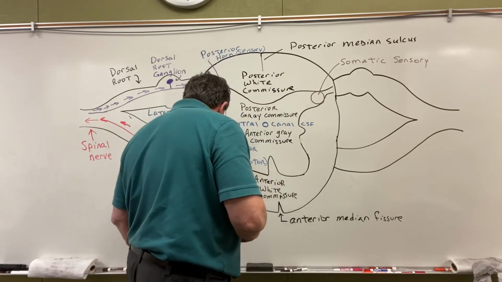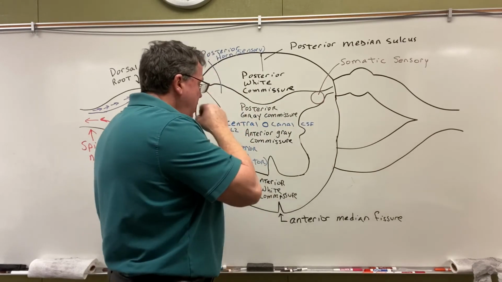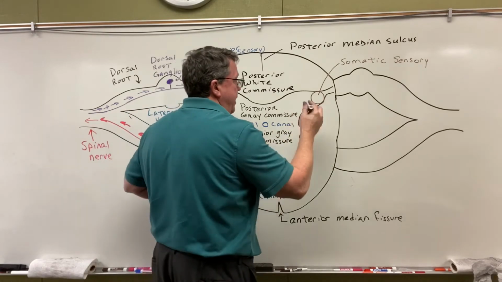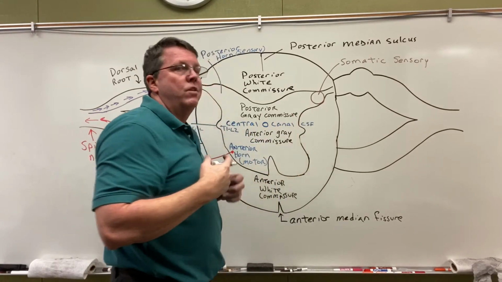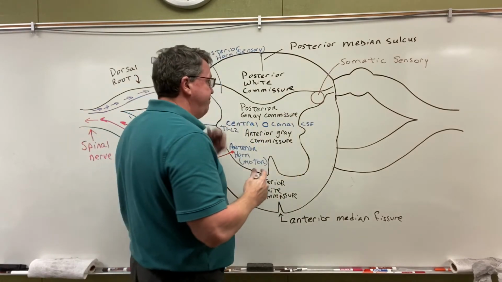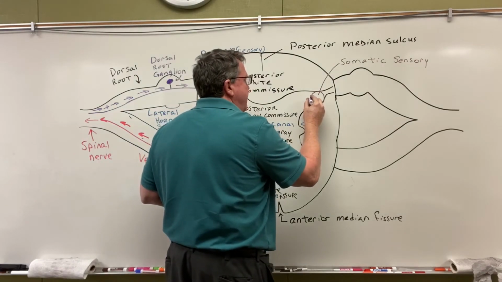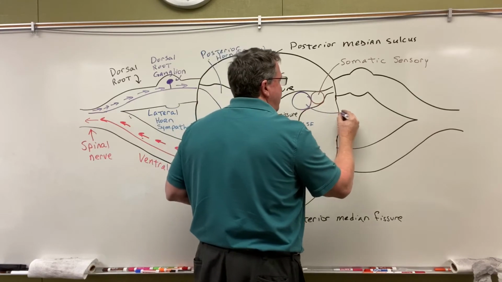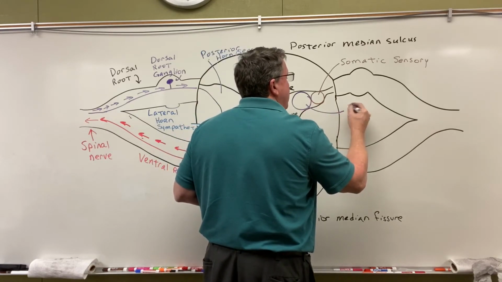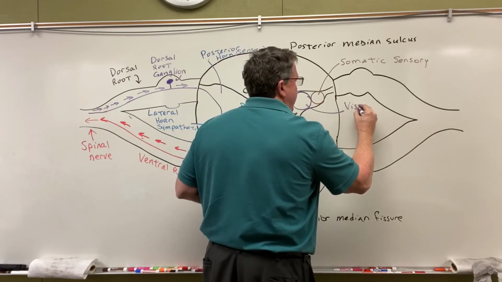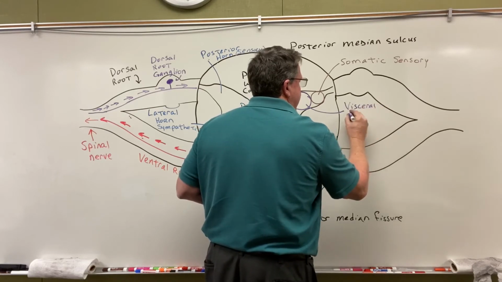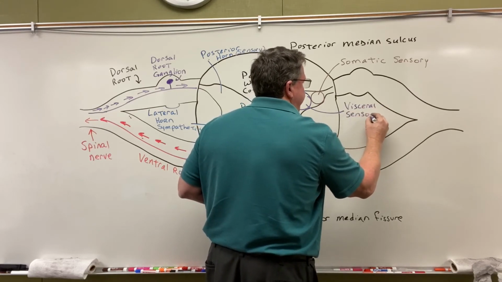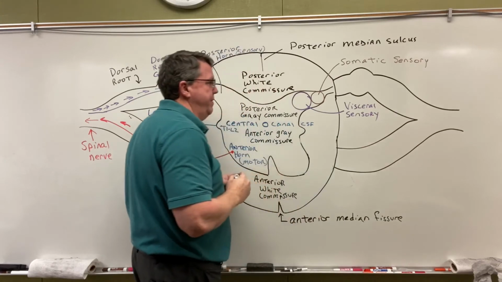Let's say you're feeling hungry, or you have to go to the bathroom or something like that. That's going to come right into here, and this is going to be my visceral sensory.